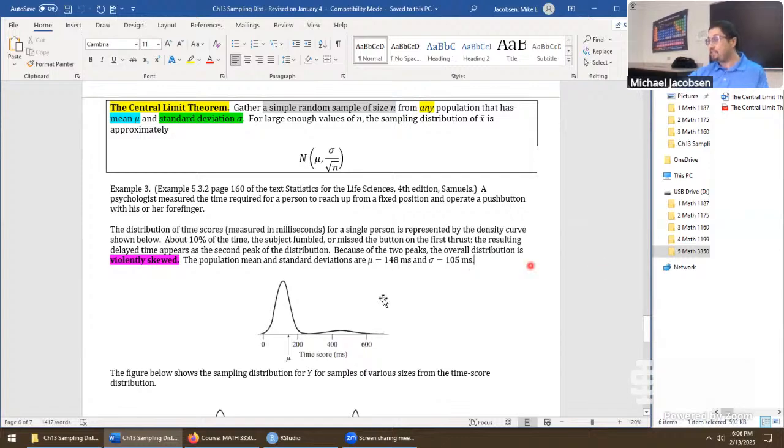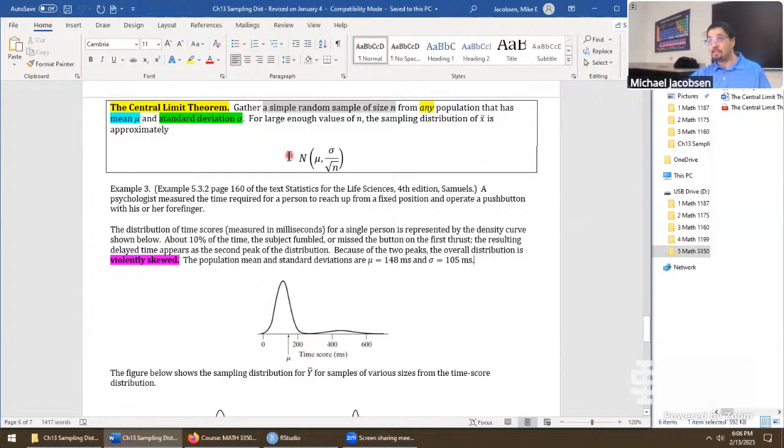So nonetheless, even though this is one of the really bad distributions that could come up from an experiment, central limit theorem still applies, even in this case, of violent skew. So below, what we're doing is imagining we took repeated samples from this as a population, what the sampling distribution of X bar would be.